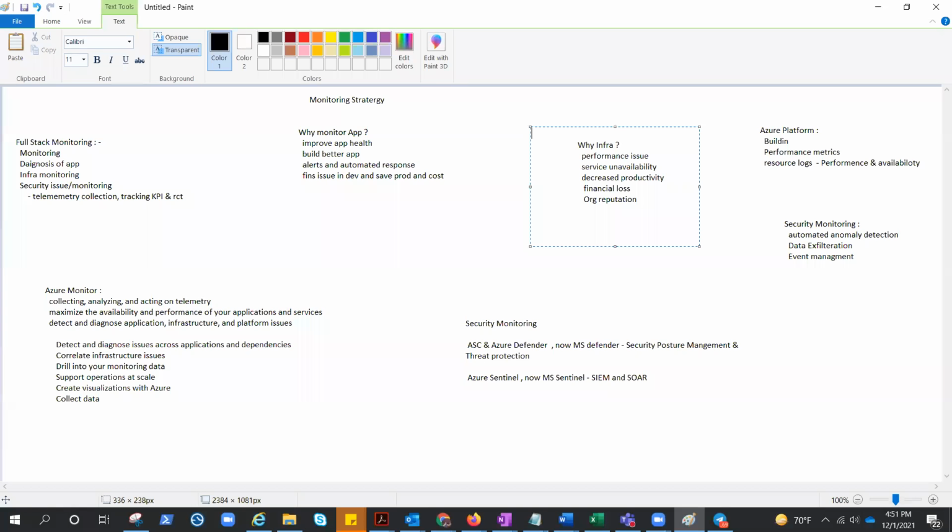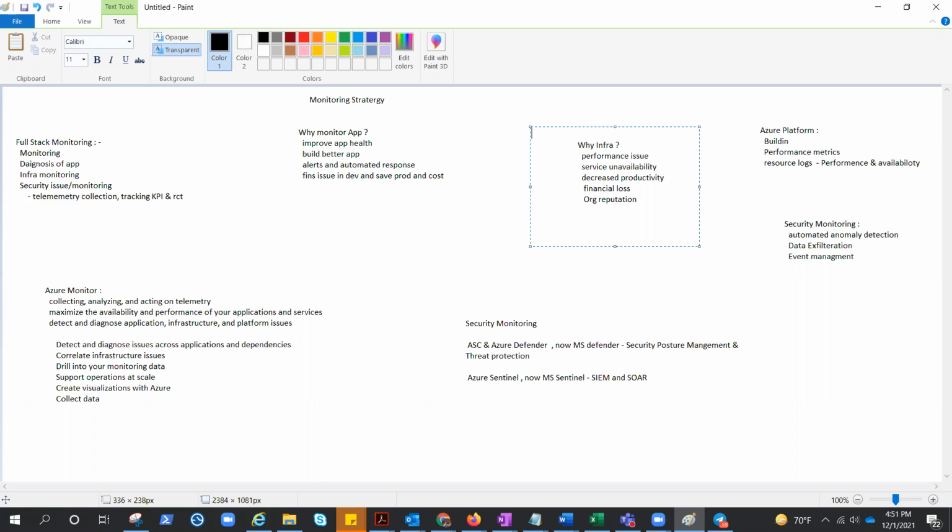So from that perspective, we are just trying to understand each and every aspect of monitoring, of full stack monitoring, or a holistic view of monitoring. So why monitor infra? Well, different kinds of issues can affect your infrastructure.